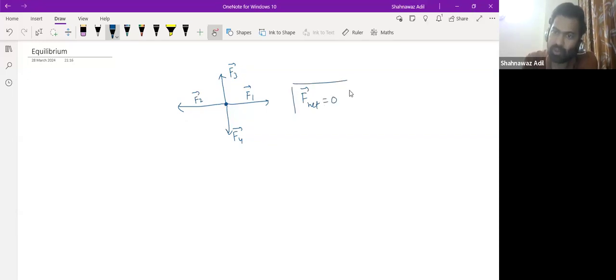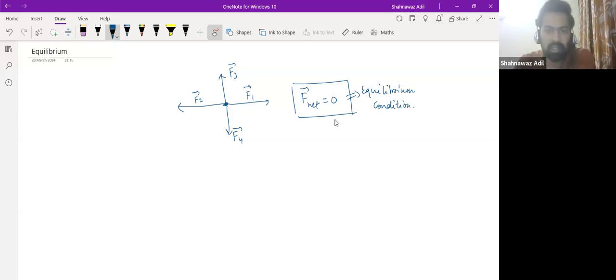So all the forces are balancing and force is 0 at this point, right? This right one is balanced by this left one, this upward is balanced by this downward. So this is called the equilibrium condition, right?